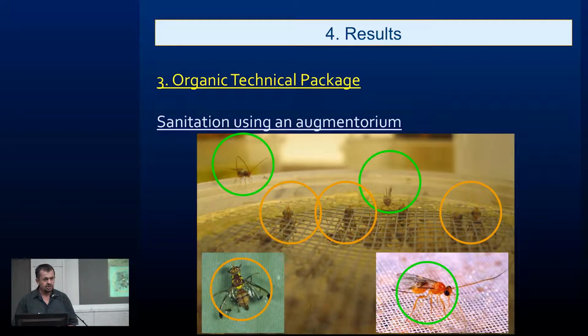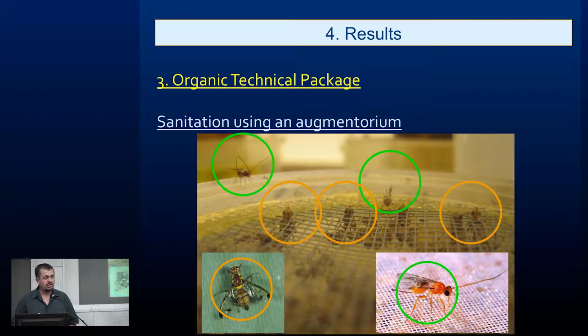But the mesh is also sufficiently large to permit the escape of some insects smaller than fruit flies, such as parasitoids. And as soon as you stop spraying insecticide and herbicide, the level of population of parasitoids comes back, and they can reestablish a balance between the population of fruit flies and the population of parasitoids.